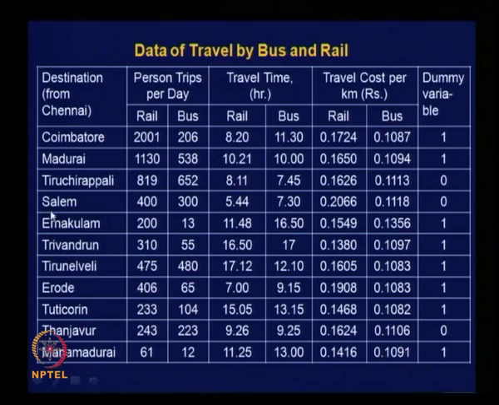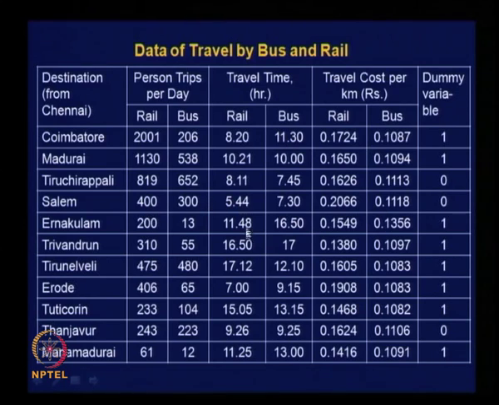You take this case, travel from Chennai to Salem, the travel time is just 5.44 hours by train and 7.5 hours by bus. The share is almost the same, 300, 400.